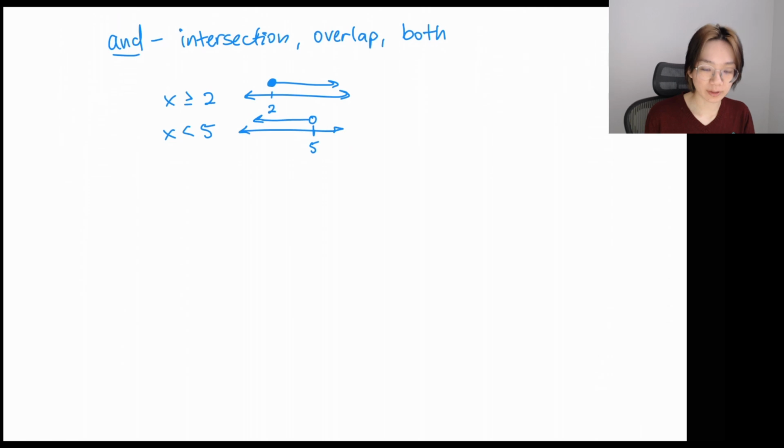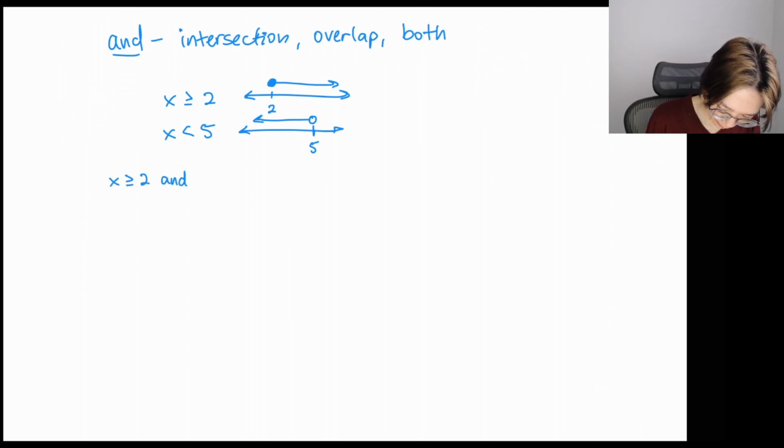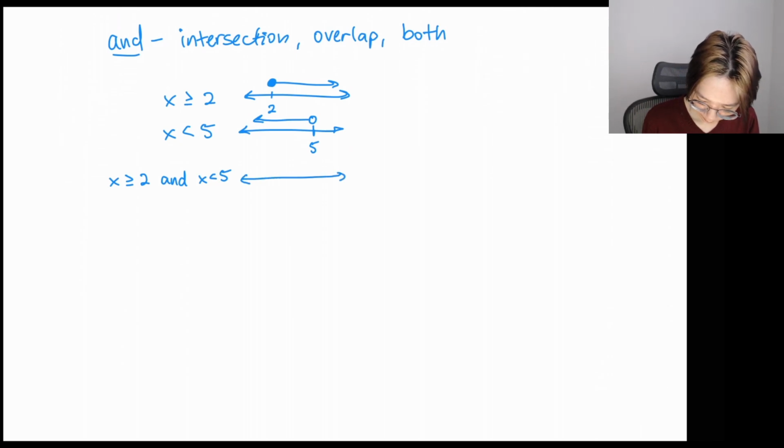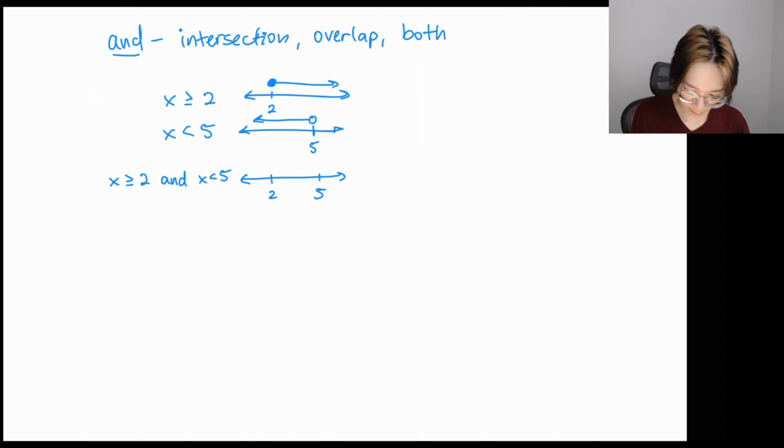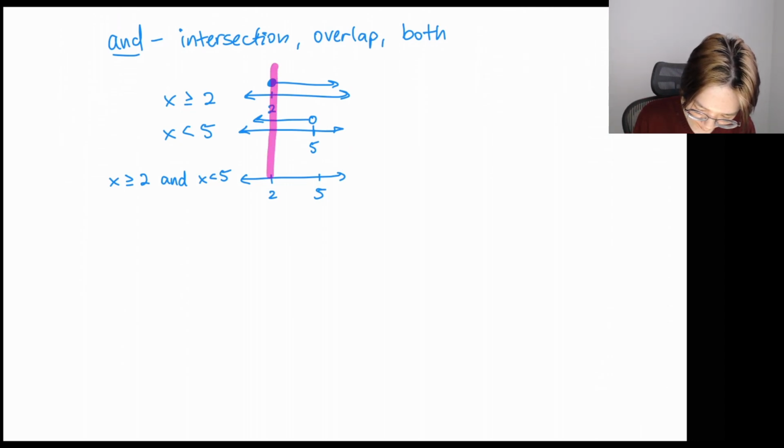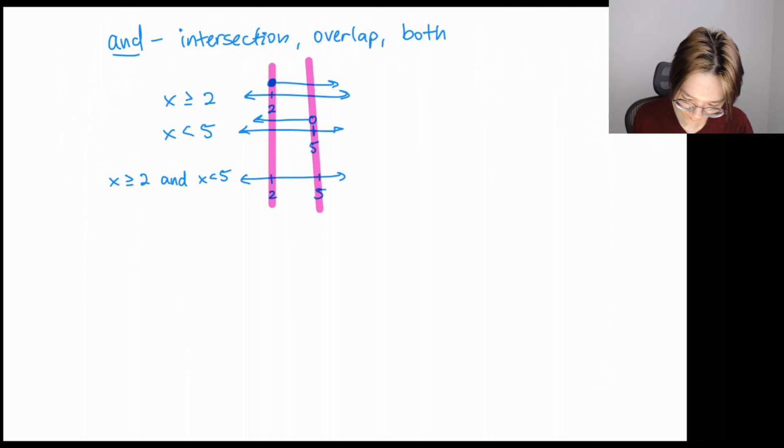If we have the compound inequality, x is greater than or equal to 2 and x is less than 5, what does that graph look like? Well, it is where both of these overlap each other. So you have an open circle at 5, closed circle at 2, and it is where they overlap each other, so right in between.